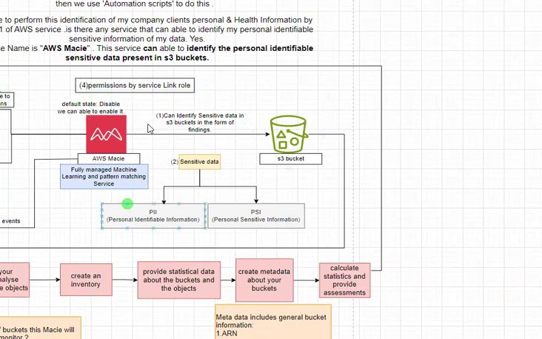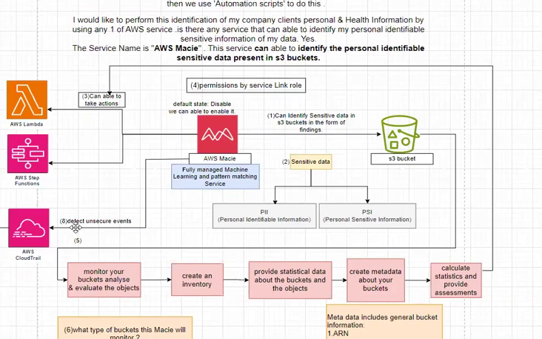Macie will also update the metadata whenever it detects any unsecure event in CloudTrail or EventBridge events, that is, whenever it finds an issue or event that lowers your security.